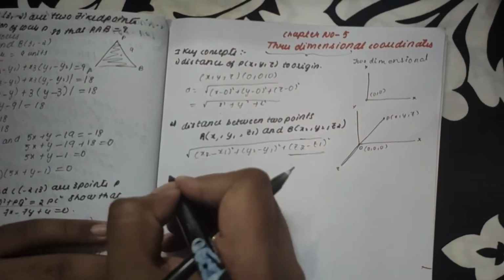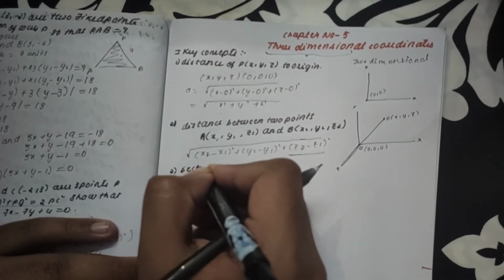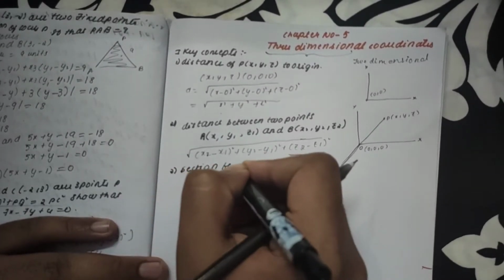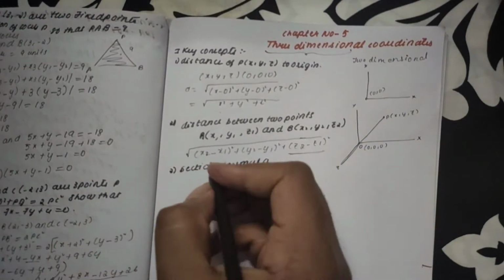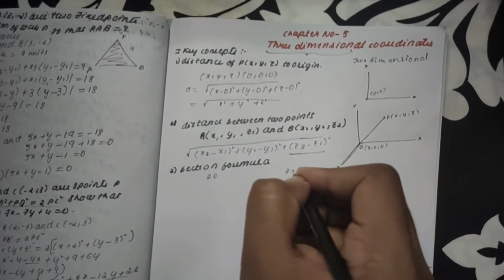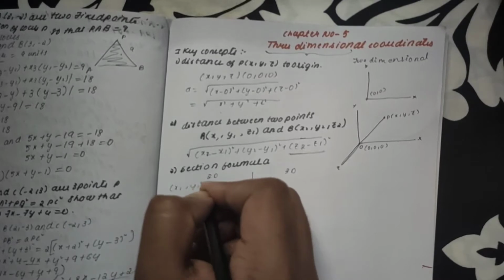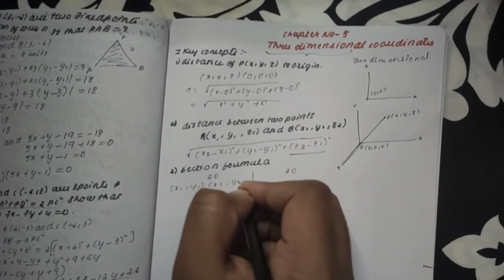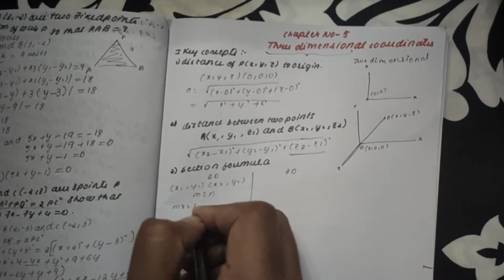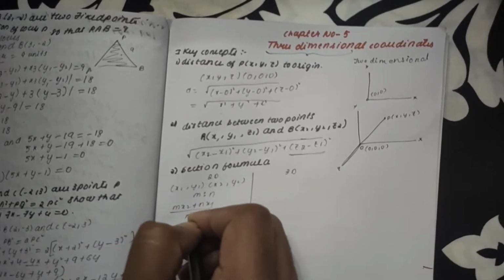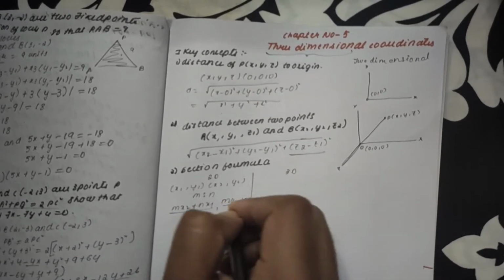So next we discuss section formula, in 2D and 3D. The section formula of x1 y1 and x2 y2 in the ratio m is to n is mx2 plus nx1 by m plus n, comma my2 plus ny1 by m plus n.